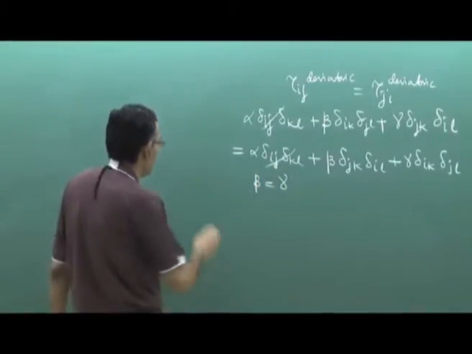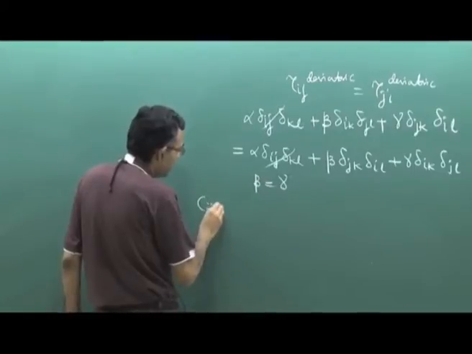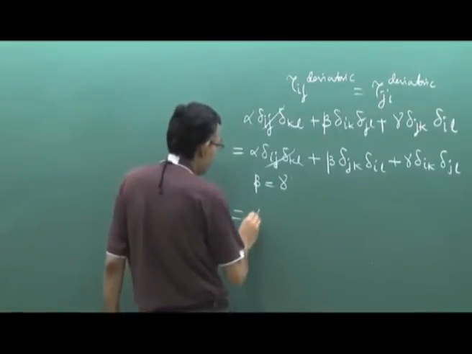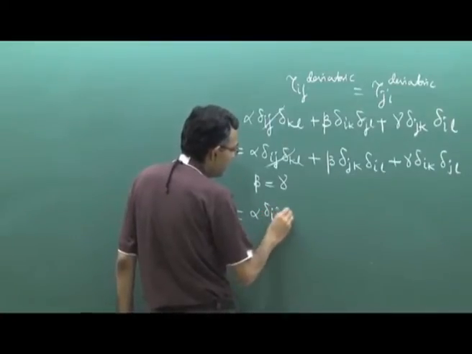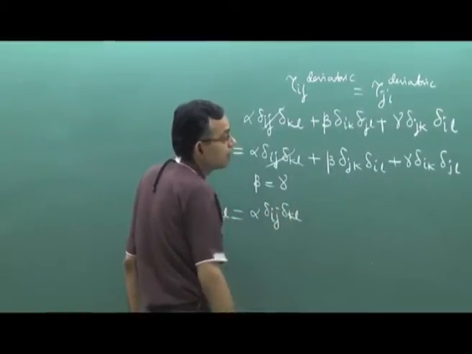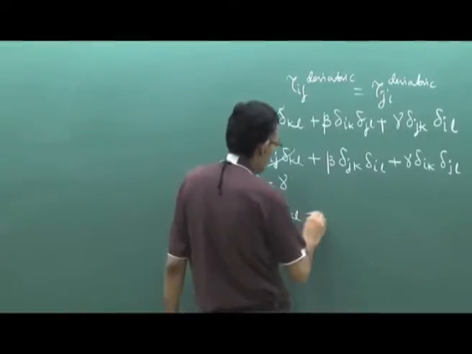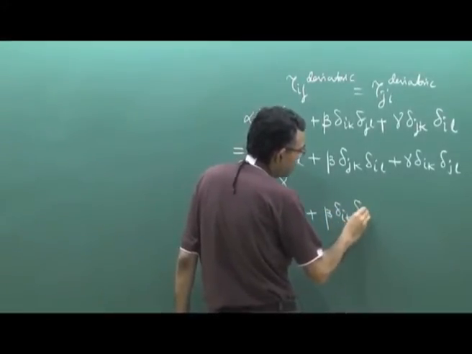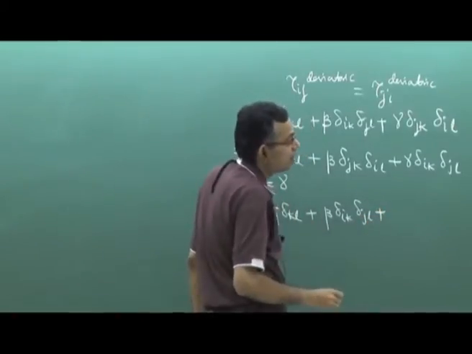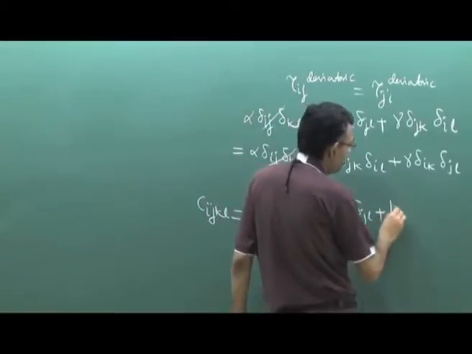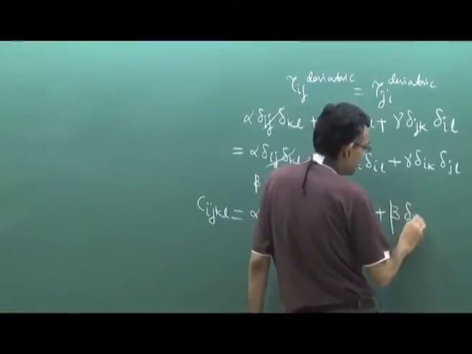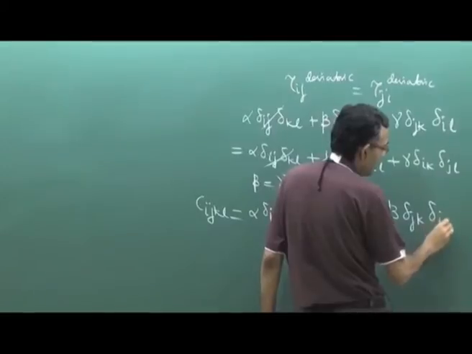So you can write C_ijkl is equal to alpha delta_ij delta_kl plus beta delta_ik delta_jl plus gamma, which will be equal to beta, delta_jk delta_il.